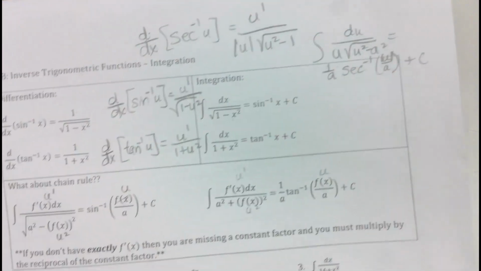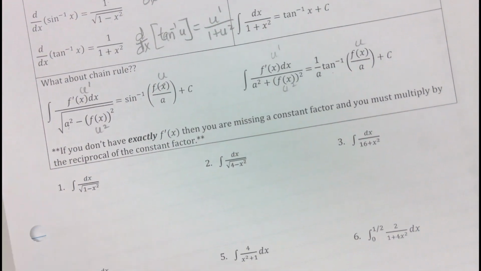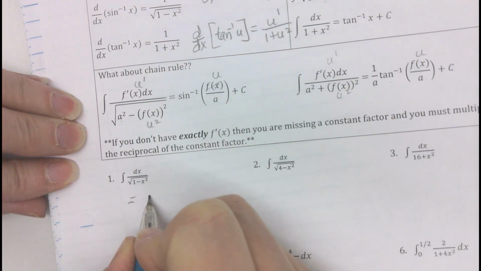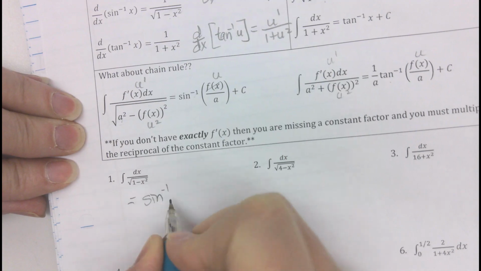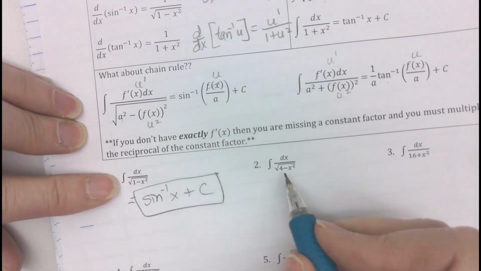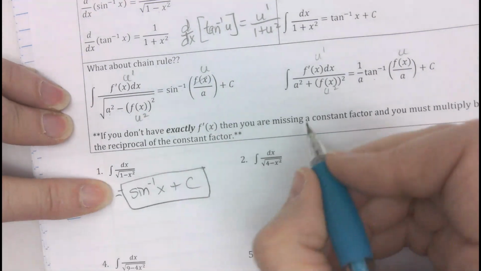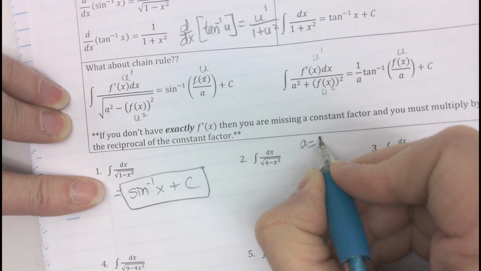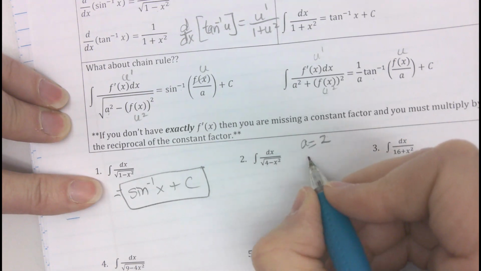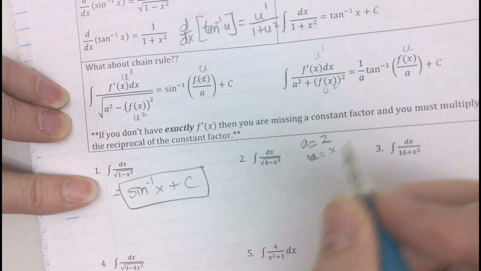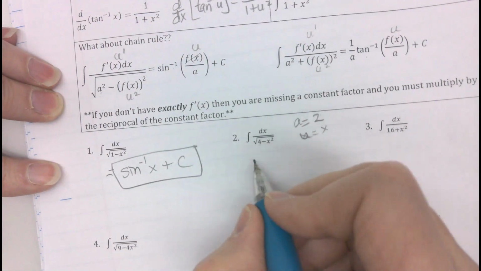All right, so quickly running through these, this is just straight arc sine of plain x. This one is almost the same, only we have an a value. If a squared is 4, what's a? 2. And our u is plain old x, so no need for an extra step.